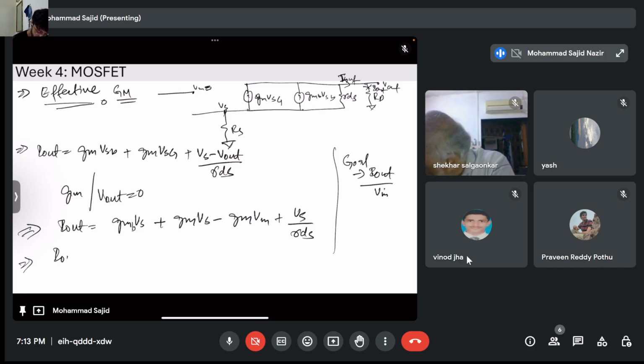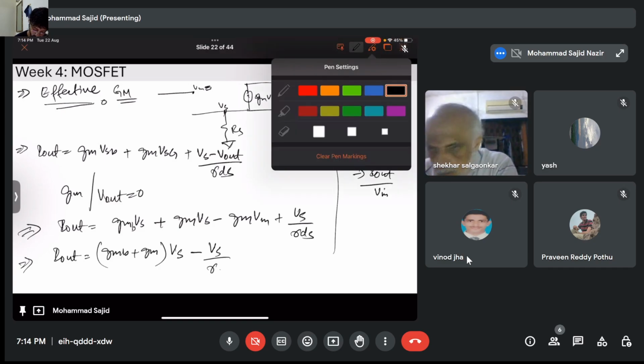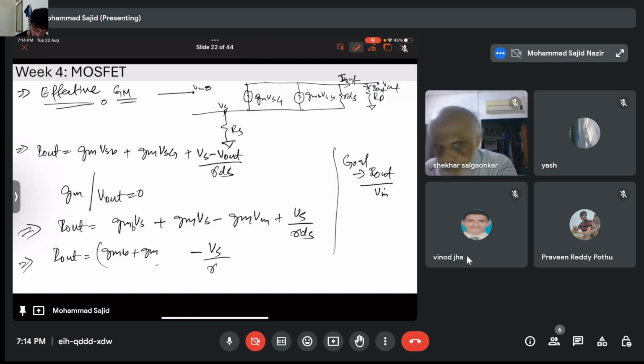Now I output is (Gmb plus Gm) Vs minus Vs by Rds, minus Gm Vin.